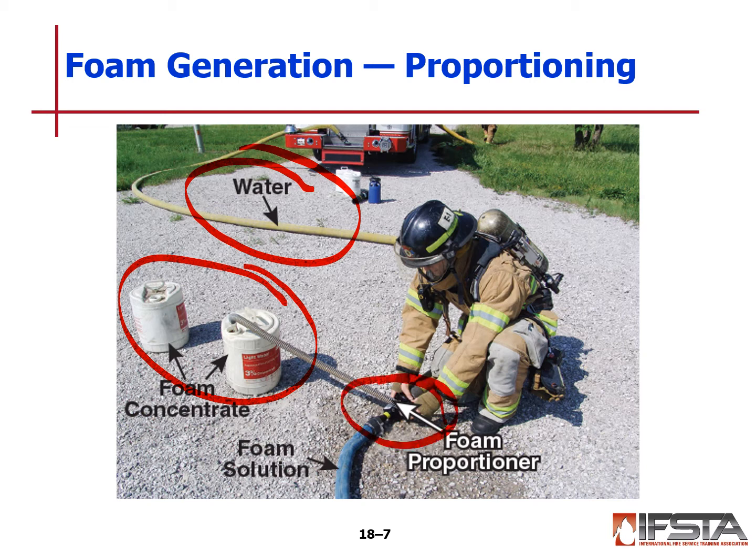We use inline eductors, as we have in this example, to draw the concentrate out of the bucket. It will mix it with water to make the solution coming out. And as we'll see in the next slide, we use our nozzle to aerate, or add air to, the mixture, and we'll then produce foam.